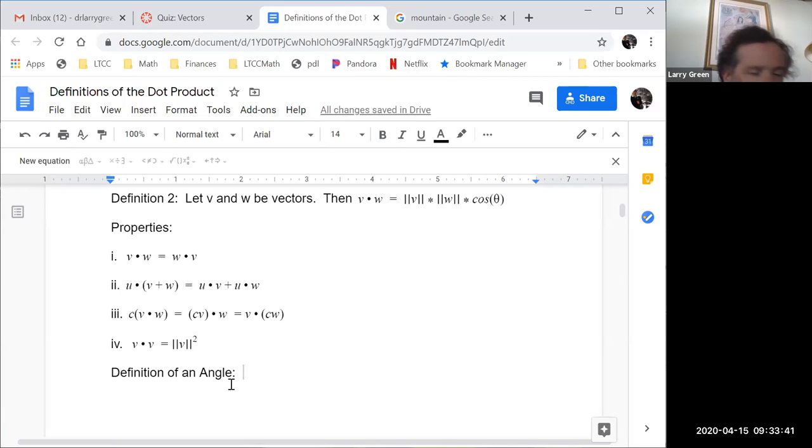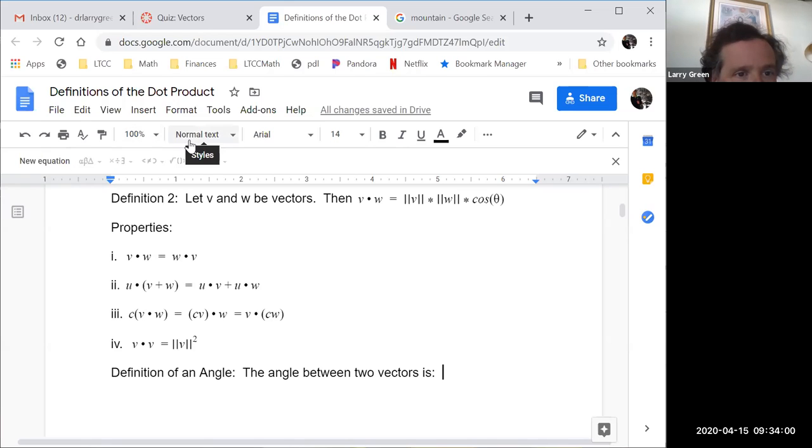Okay, so the definition of angle is the angle between two vectors is, well, we just do it.